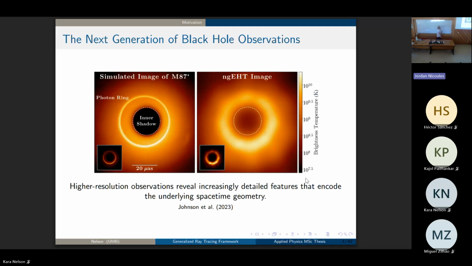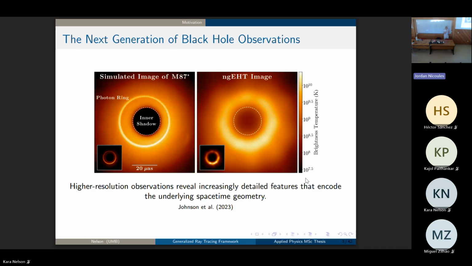So as we know, next generation EHT is going to be happening, and we're going to be getting much better images of black holes, including the black hole shadow, with a little more structure and resolution, as well as the photon ring, which is composed of higher order images, or photons that circle the black hole multiple times. This is our next generation of imaging.